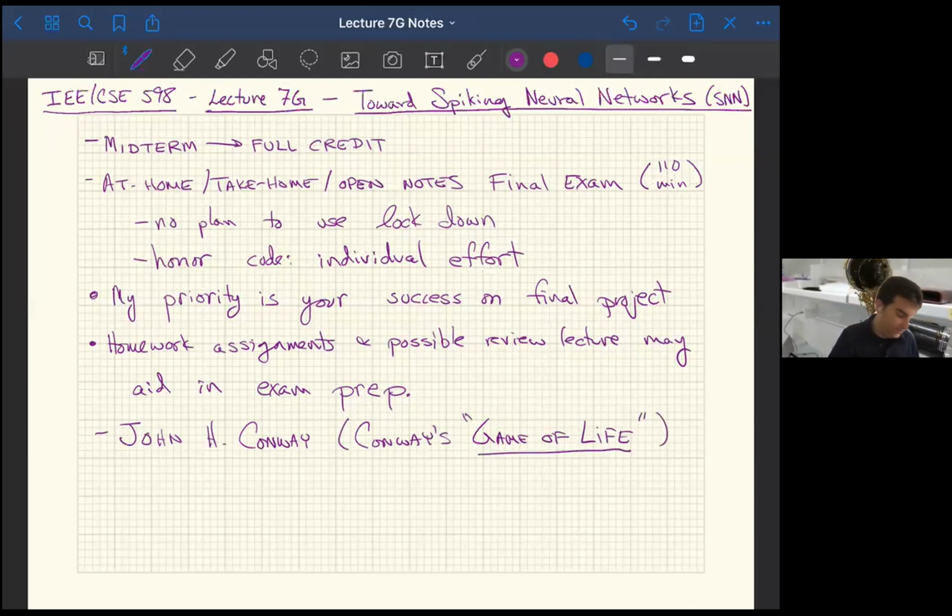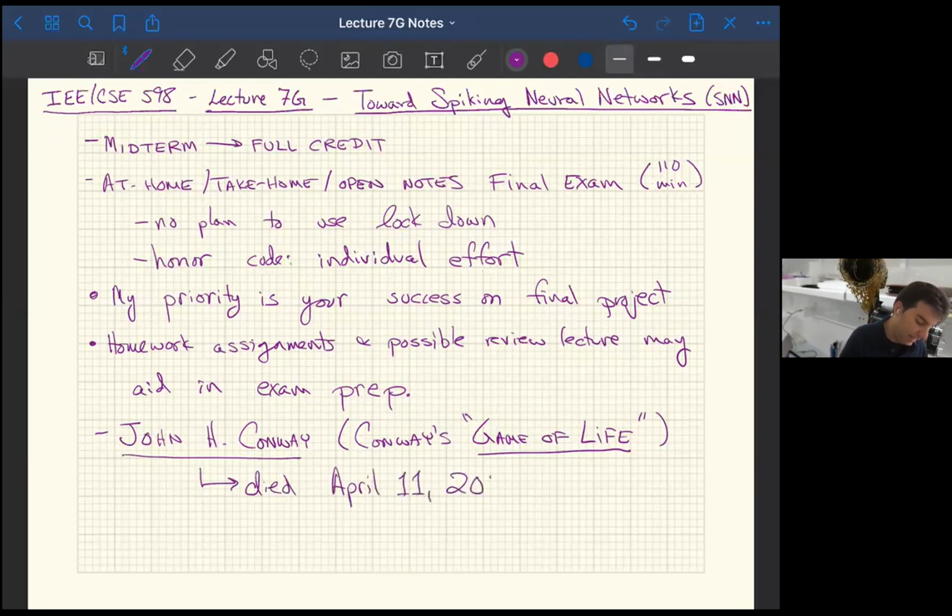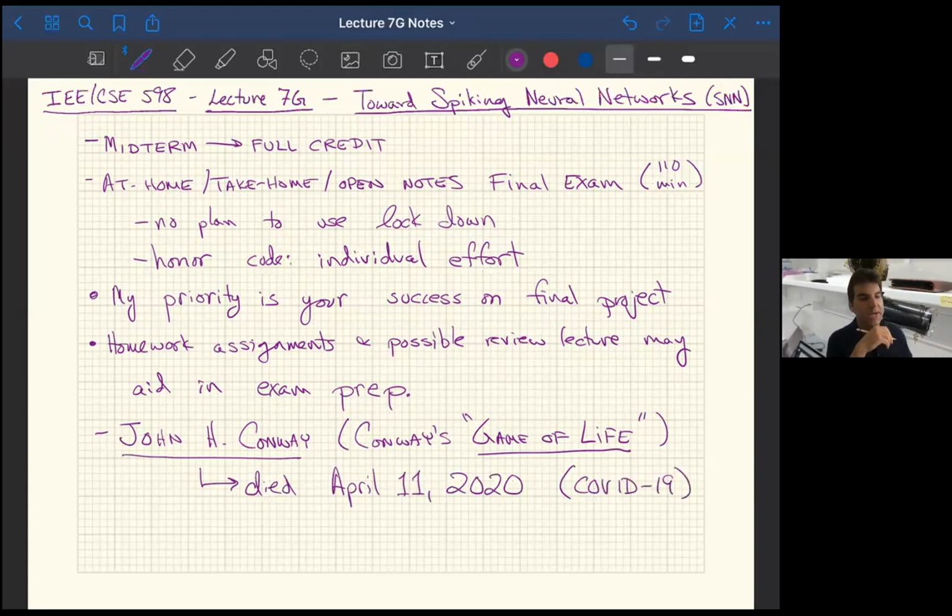But for those of you who are familiar with who John Conway is, he actually just died on April 11th, related to complications due to COVID-19. So I just wanted to put that out there because we will be talking about CAs, and just wanted to give a tip of the hat to John Conway.